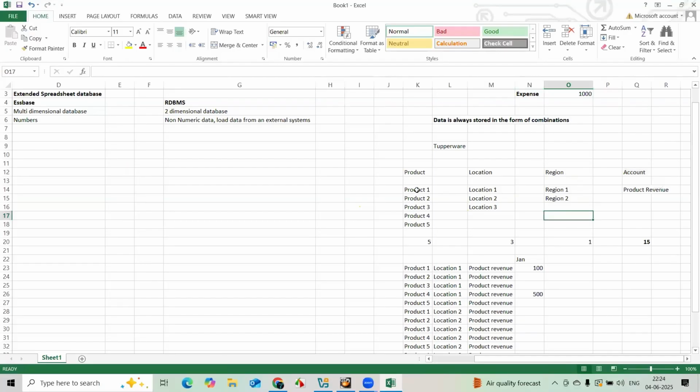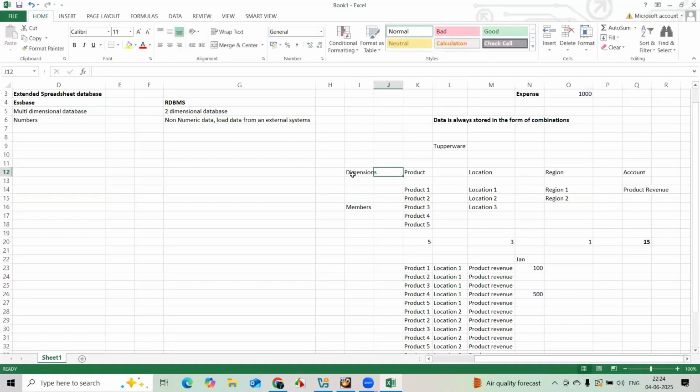So these product 1, 2, 3, 4, 5, these locations, these regions, and the product revenue can be termed as members. In the EPM world, these are called members. Whereas the headings that you are seeing here, product, location, region, and account, are termed as dimensions.